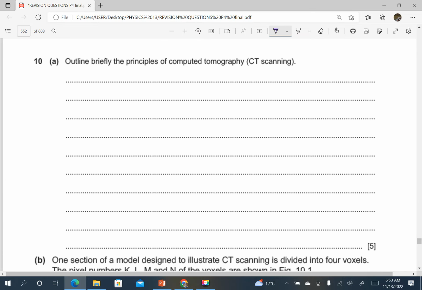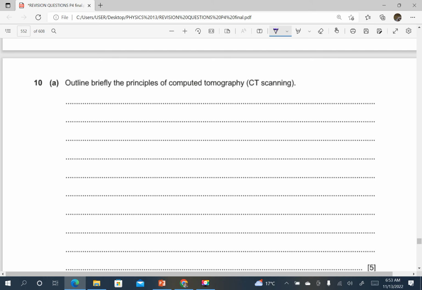Outline briefly the principles of computed tomography. Outline briefly the principles of a CT scan. Okay, this is an easy scan. Remember, a series of X-ray images are taken for one slice at different angles. These images are in the same plane, and a complete two-dimensional image is formed for that particular slice.